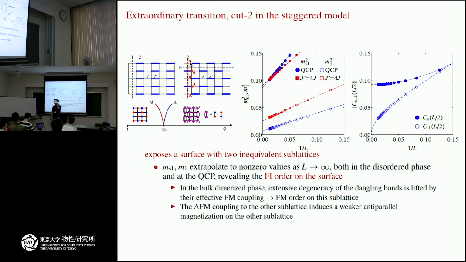But if you make it a JQ chain, it can, or J1. Okay, yeah. You have to adapt it. For example, in this model you have to adapt the J prime and the J ratio. You have to introduce a new parameter. Right? But here, we don't do that engineering.